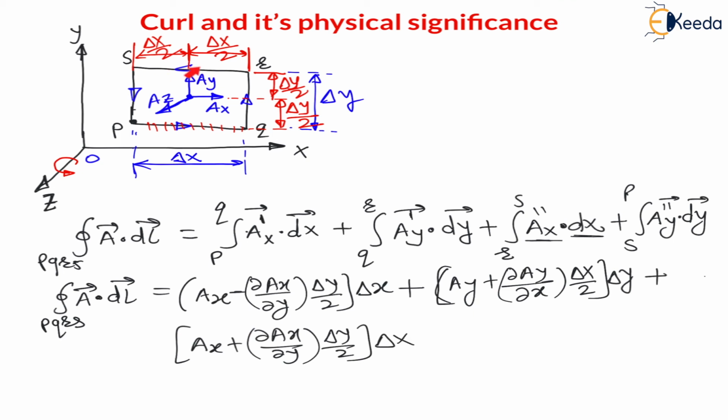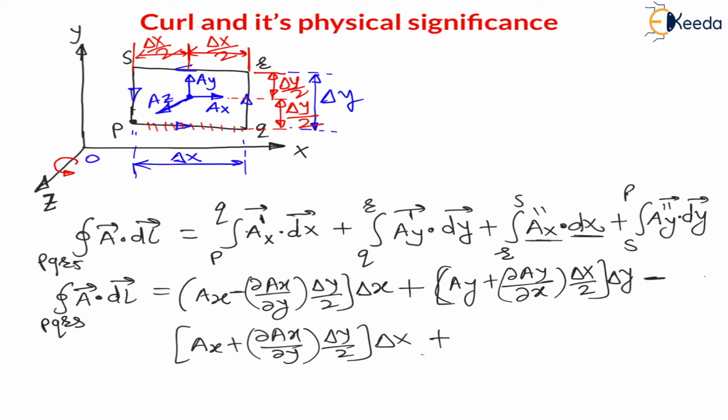And here the angle was 180 degree, therefore we have to write cos 180 degree, and cos 180 degree is minus 1. So instead of writing this cos 180, here directly I can write minus instead of plus. So here there will be a minus sign, right?